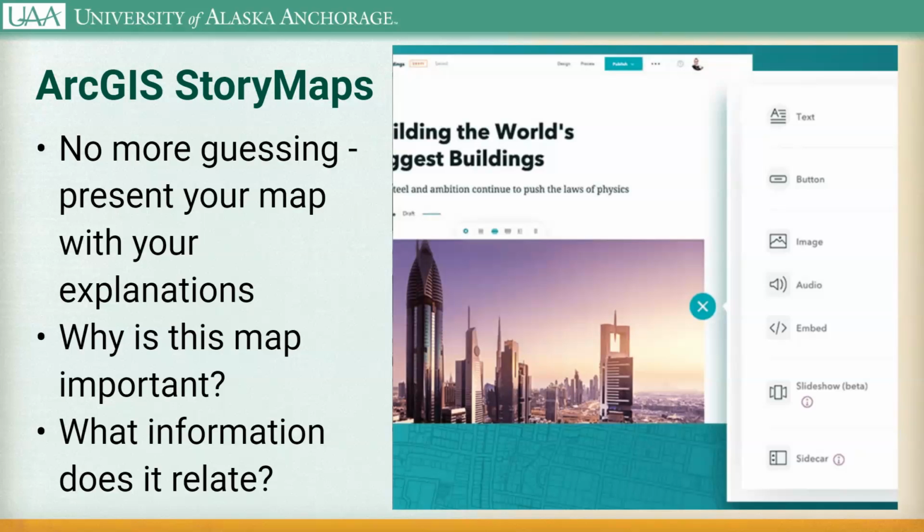So you've built this really informative map. You've put a lot of attention into your detail and your design, but there's still going to be people that don't get what you're trying to say. And this gives you the opportunity to attach words and pictures, and you can record yourself talking about how cool your map is and embed that in your story map. So, like I said, it's just one more information tool.